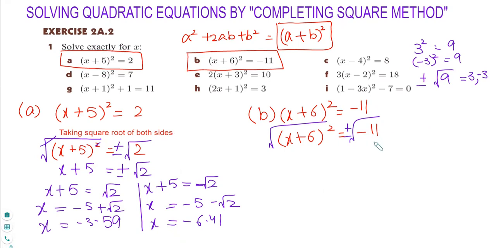And we know that the square root of a negative value does not exist, meaning it is an undefined value, right? So it means the solution of this equation is not possible, or the solution is not real. So we can just write it as: solution is not real. In this type of question, when you have the square root of a negative number, the value will be undefined, so the solution is not real.